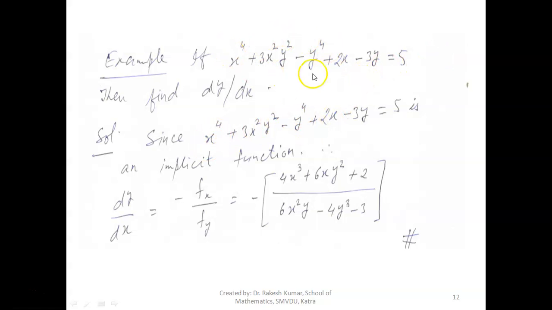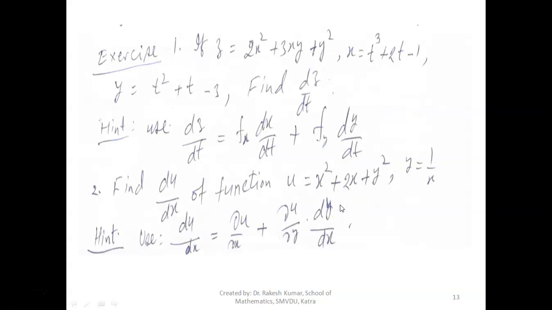So we can see that it is an implicit function. Therefore, in order to find dy upon dx, we will directly use the relation that dy upon dx is equal to minus fx upon fy, and which is equal to this one.